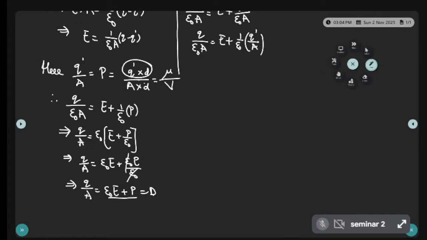Therefore D is equal to what I can write now? D is equal to epsilon naught E plus P. This we call the displacement vector. E is related to charges, P related to polarization, D related to displacement.